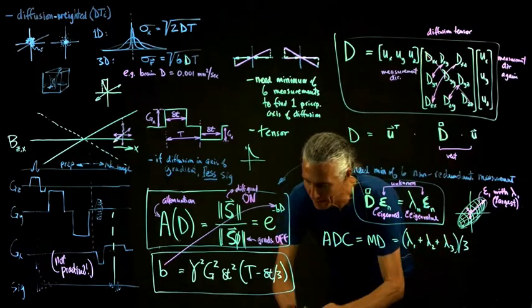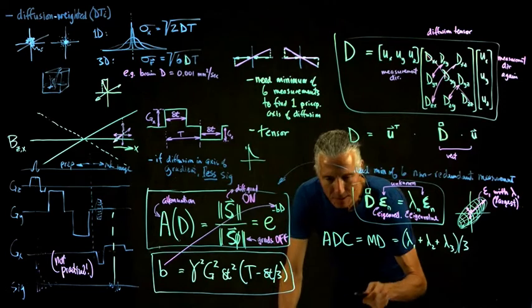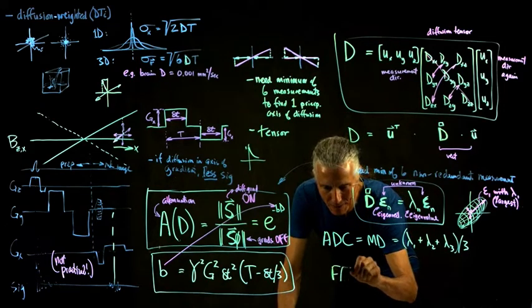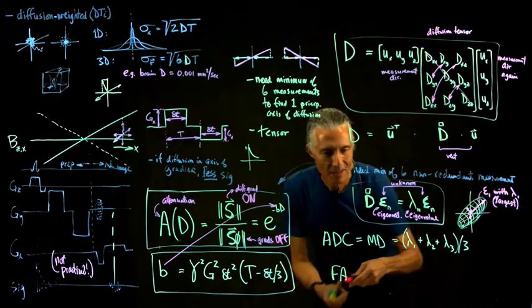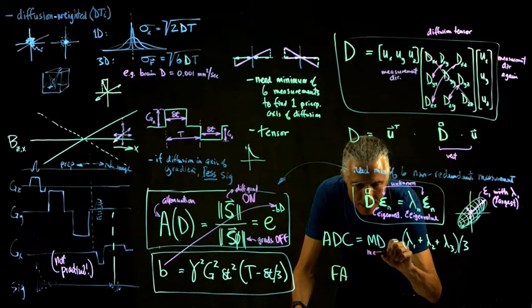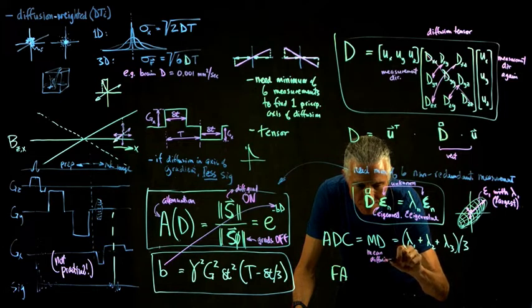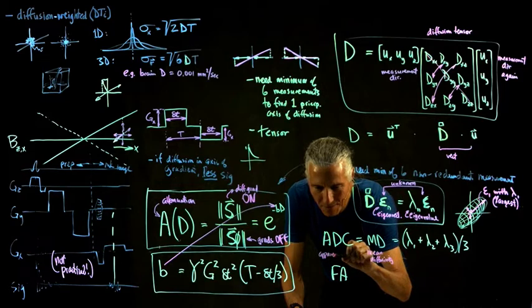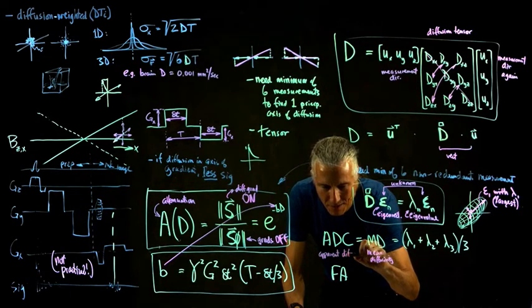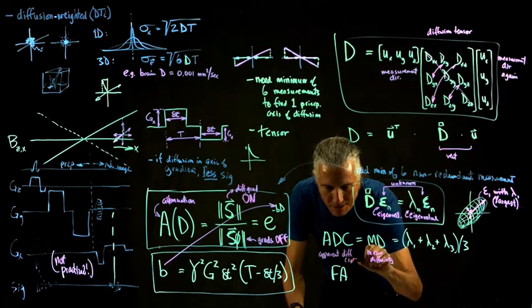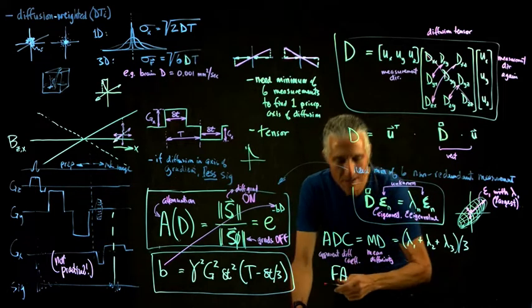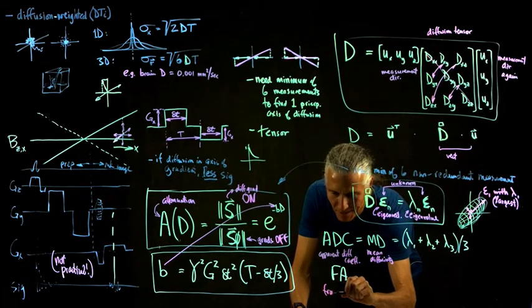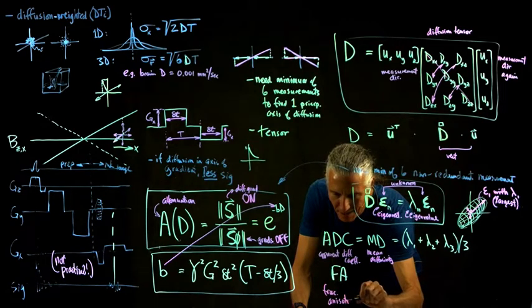And then the other thing that you often might measure would be the fractional anisotropy. So this is the mean diffusivity, the apparent diffusion coefficient. This is the fractional anisotropy.